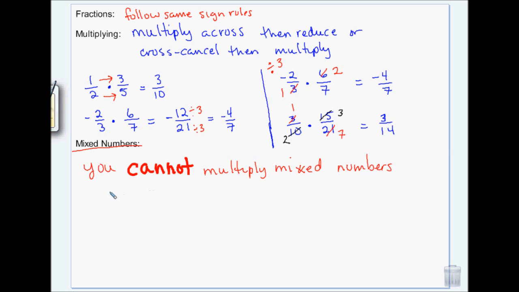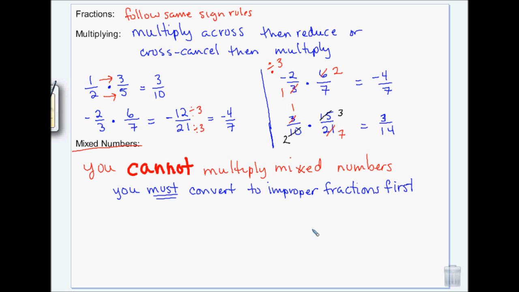No. You have to convert them into an improper fraction in order to multiply.